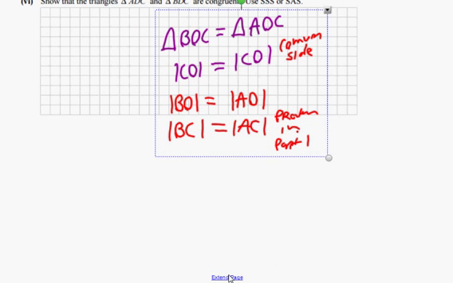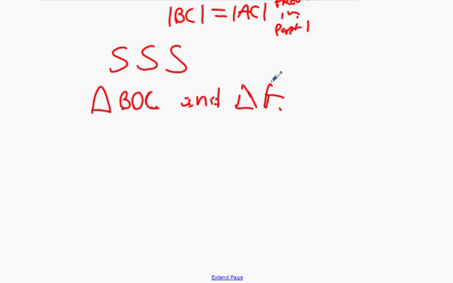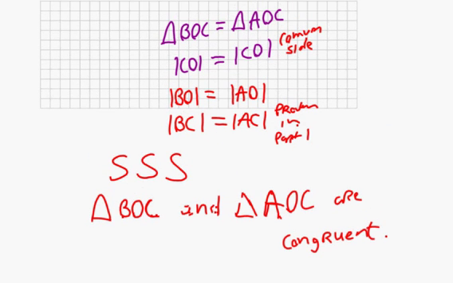You show that all three sides are the same. Then you say SSS because I've proved that all three sides are the same length, and you say triangle BDC and triangle ADC are congruent. What does congruent mean again? Okay. Good with that? Alright.